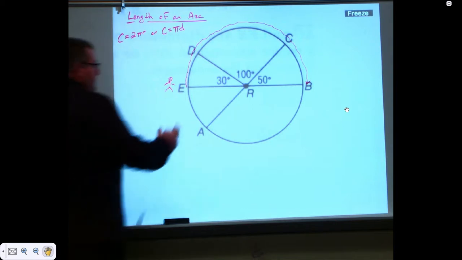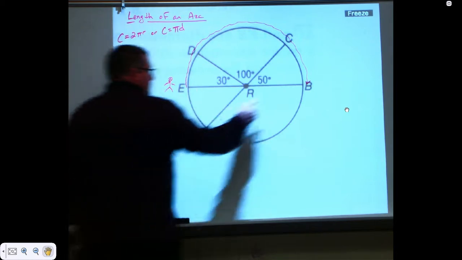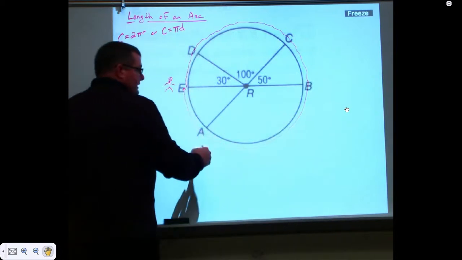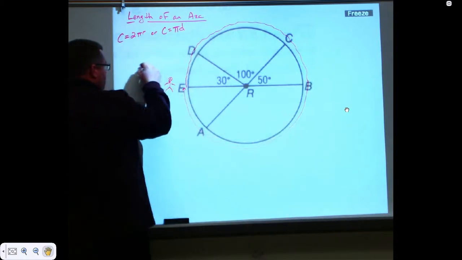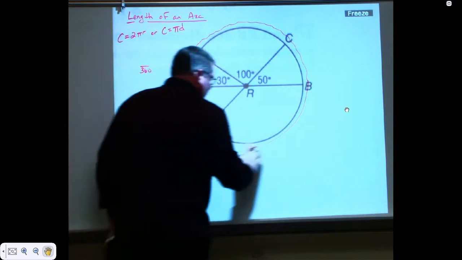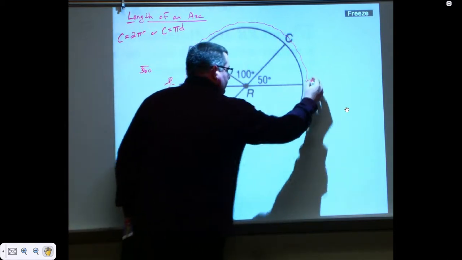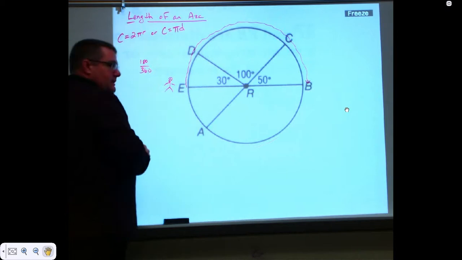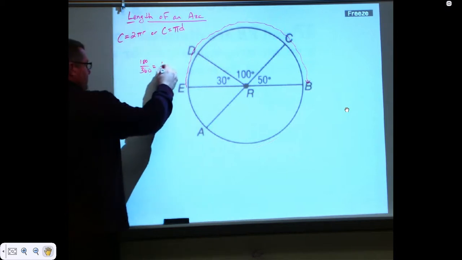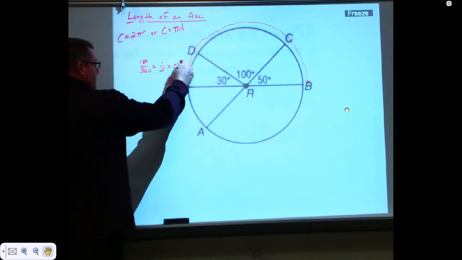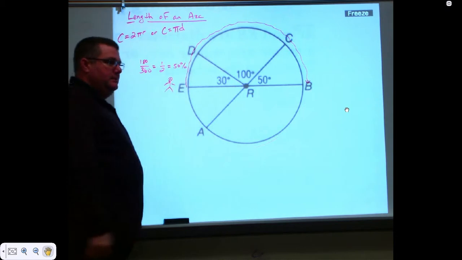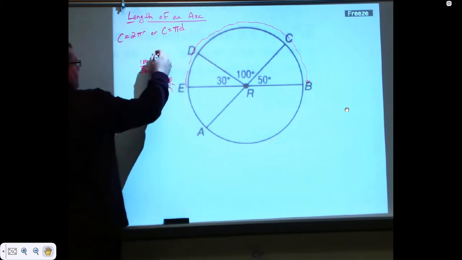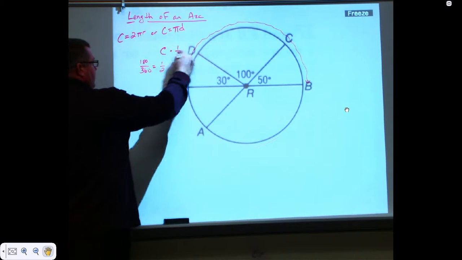Well, if you think about it, all the way around is how many degrees? 360. How many degrees did I walk if I only went halfway around? Write this down. 180. What does that reduce to? So basically, what would you do? You would take your circumference and you would multiply it by 1/2, wouldn't you?